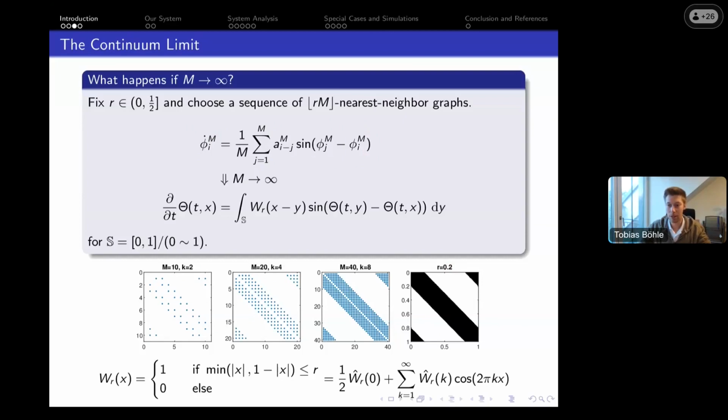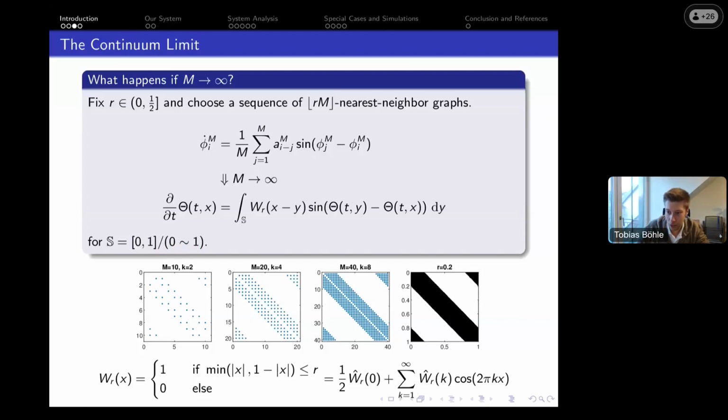So consider the continuum limit, and in this continuum limit, the position of the oscillators is now given by a function theta, and the oscillators are now parameterized by a continuous variable x from the unit interval, but we have also identified 0 with 1 so that we can keep the ring topology, and that makes the notation a bit easier.